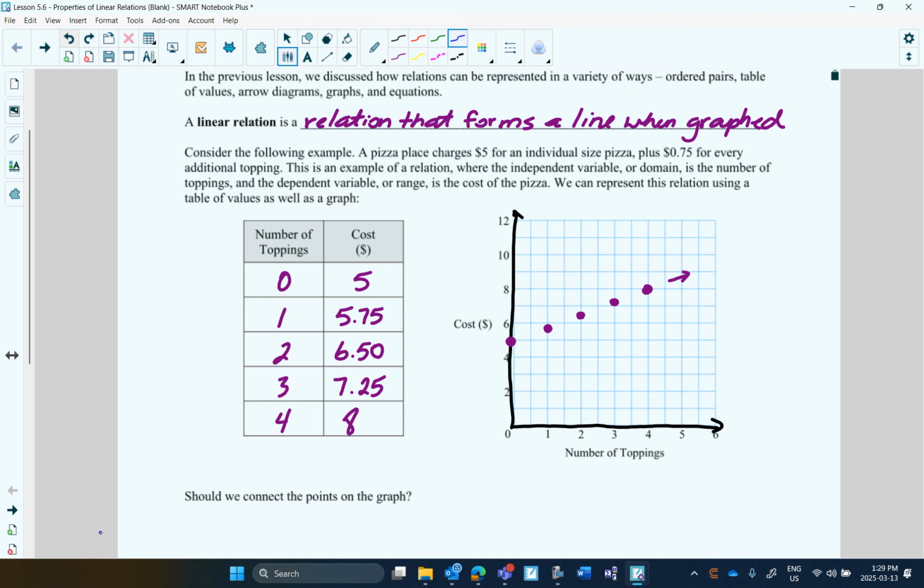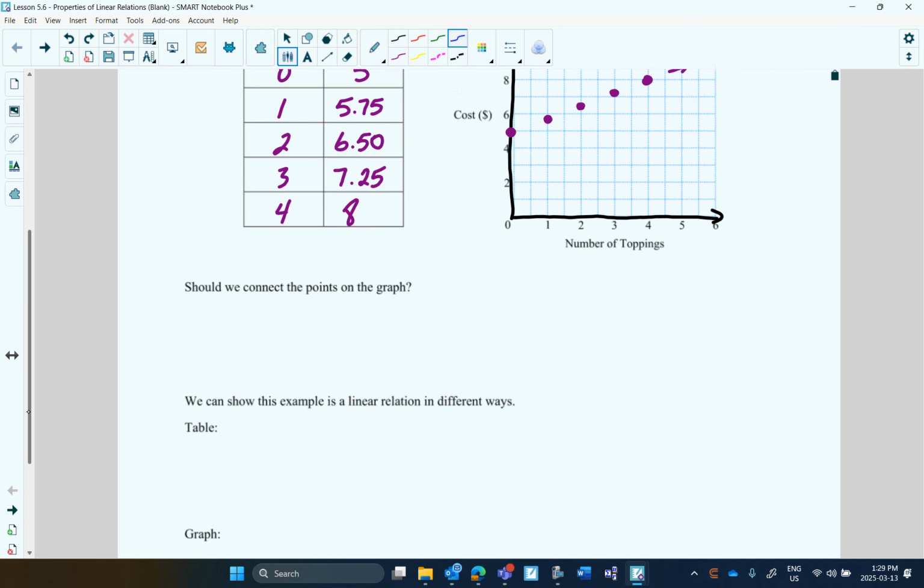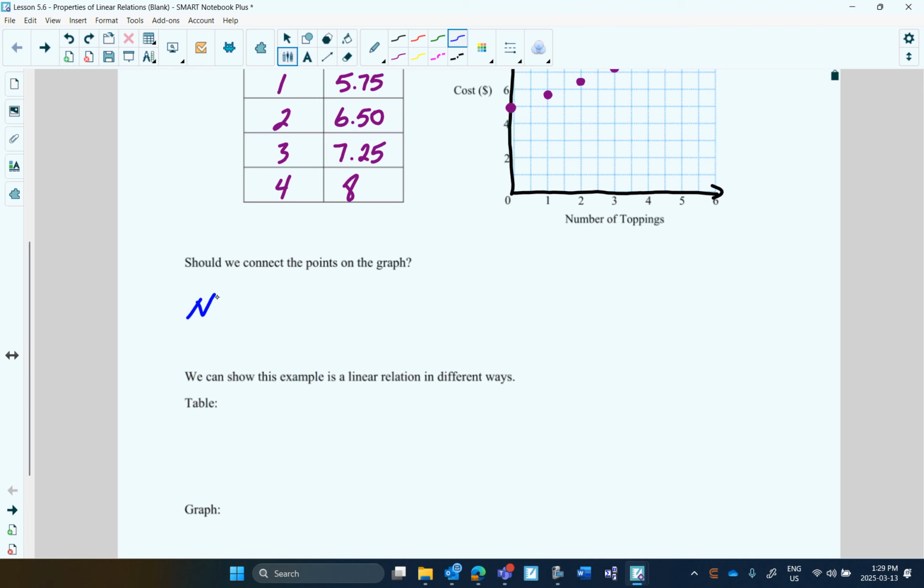There's only so many toppings you can put on an individual sized pizza. So therefore, we would not connect, because you can't have part of a topping. It's only 0 or 1 or 2, etc.